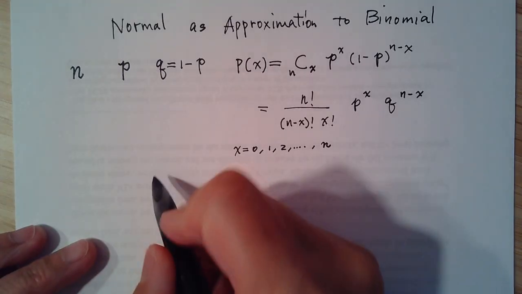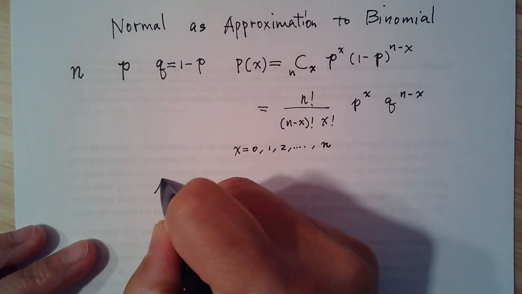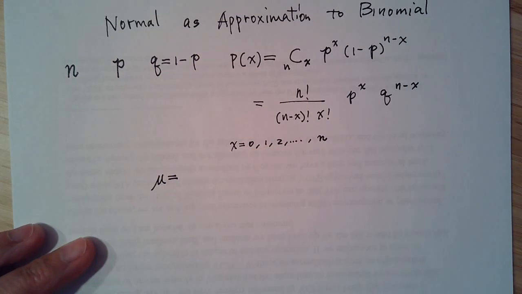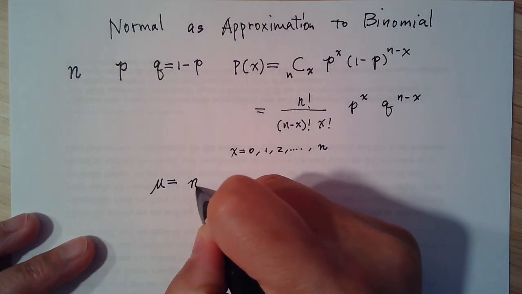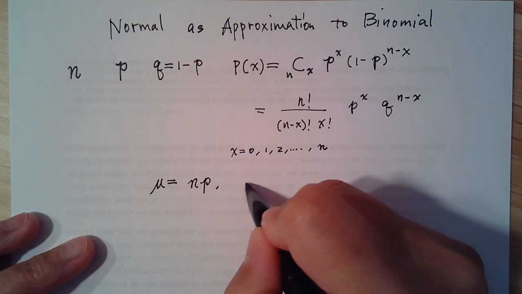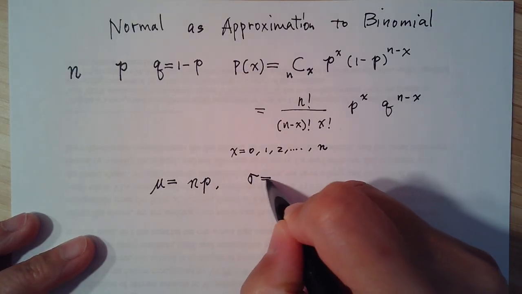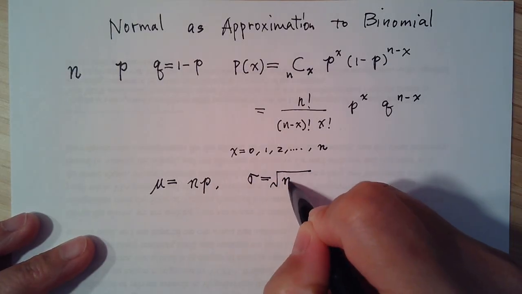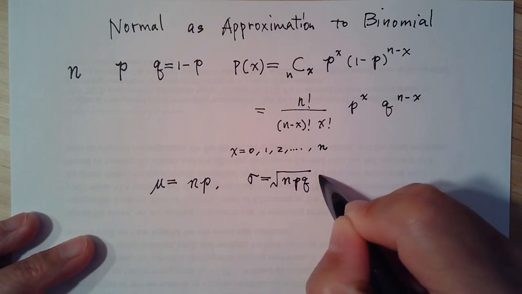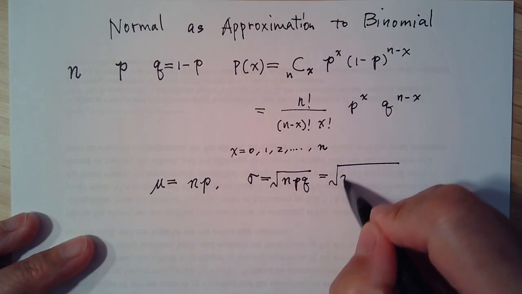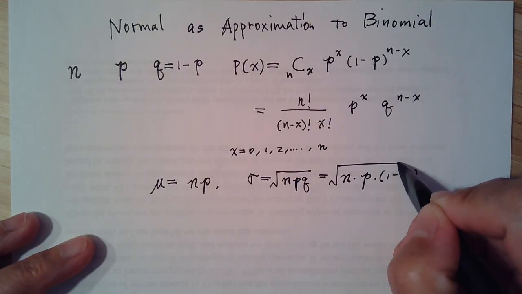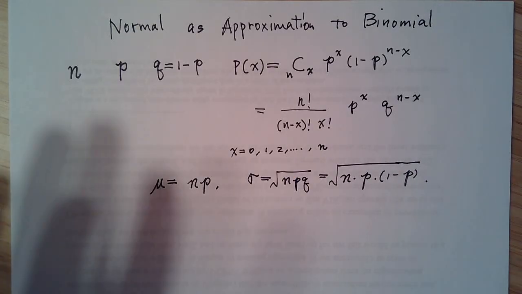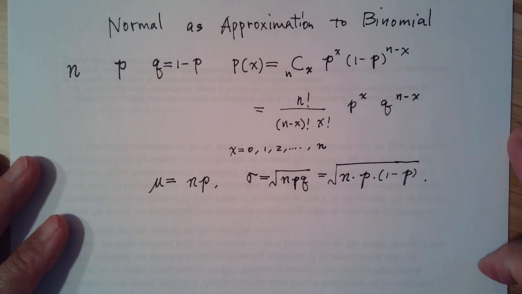We also learned that mu, the mean of this binomial probability distribution, is n times p, and the standard deviation is the square root of npq, or n times p times 1 minus p. This is everything we learned for binomial.